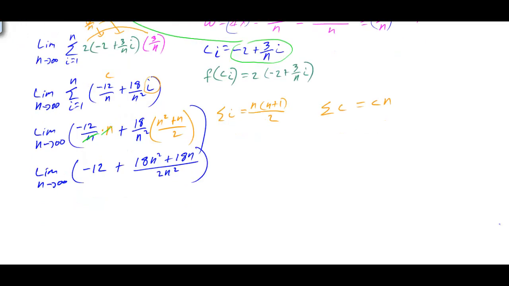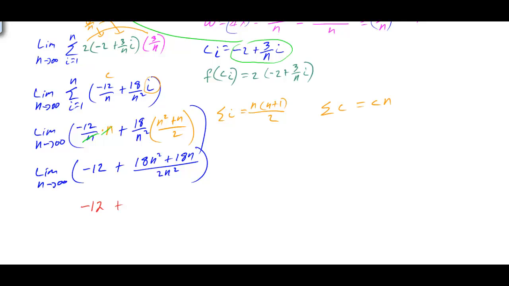Now this is at a pretty manageable point in order for us to take our limit. And if we let n go to infinity at this point, the negative 12 is a constant, so that's just going to be a negative 12 plus the limit as n goes to infinity for the second piece.